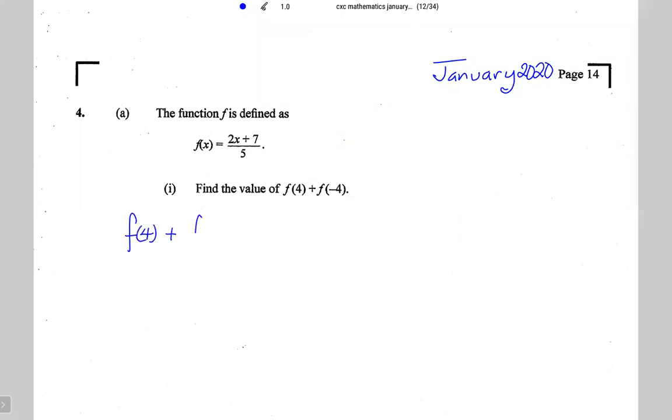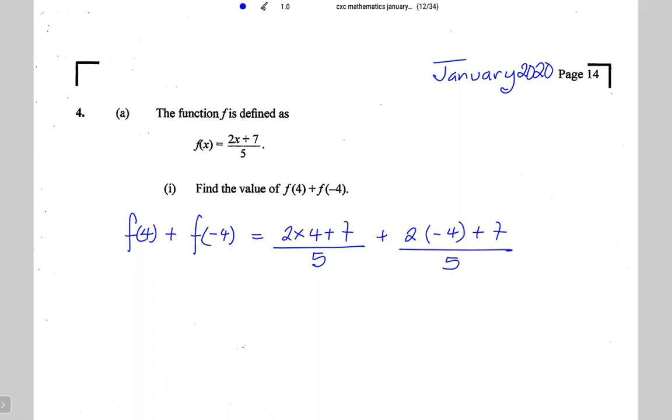That would be the same as saying (2 times 4 plus 7) over 5 plus (2 times minus 4 plus 7) over 5.